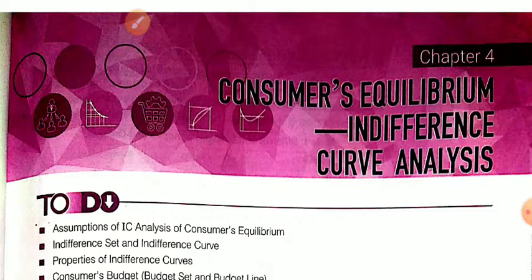They gave the concept of ordinal utility to measure consumer equilibrium, and in ordinal utility we just rank our utility like higher, middle, lower. So in this session we measure consumer's equilibrium with the concept of ordinal utility. We already finished our previous session on consumer equilibrium with the help of cardinal utility. Okay student, let's start this chapter.